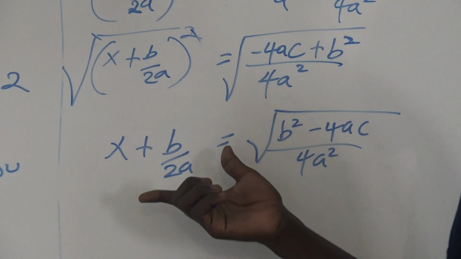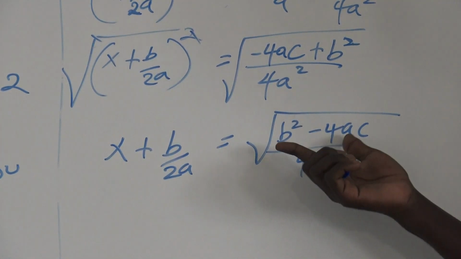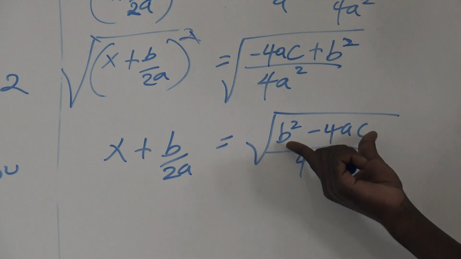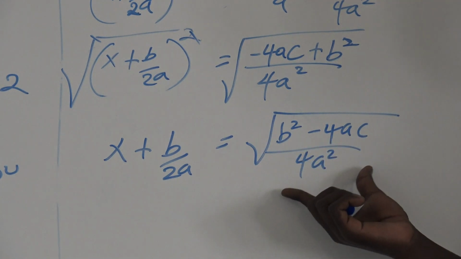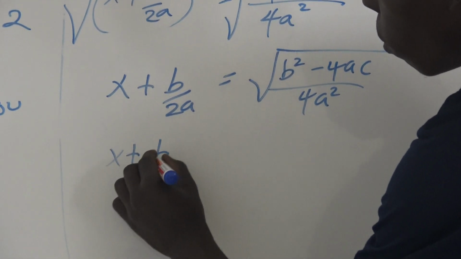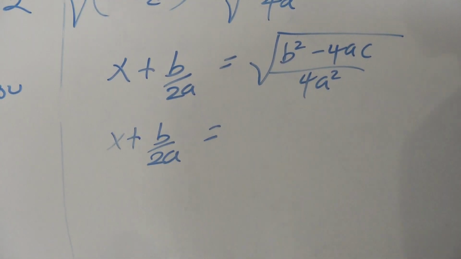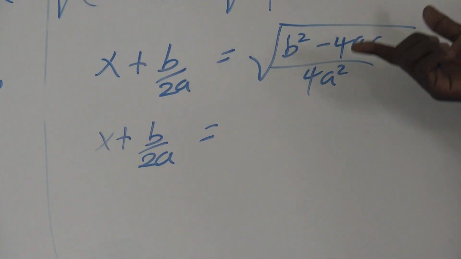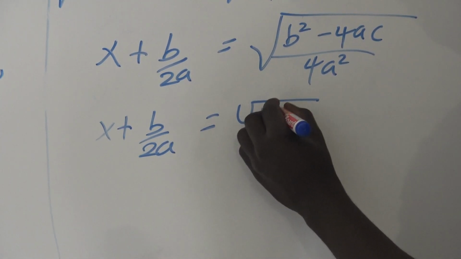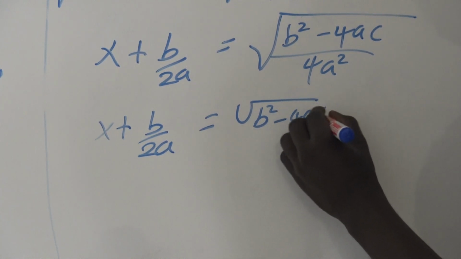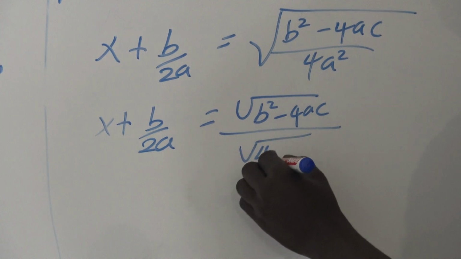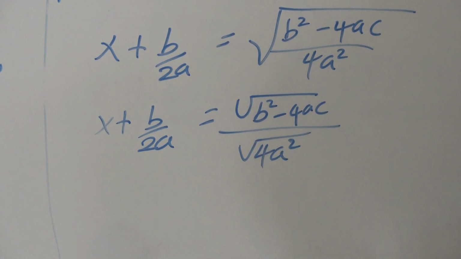So this one, we can also separate it by putting a root on the numerator and the denominator alone. So it becomes x plus b out of 2a, which will be equal to, applying a root on each, the root of b squared minus 4ac, divided by the root of 4a squared.